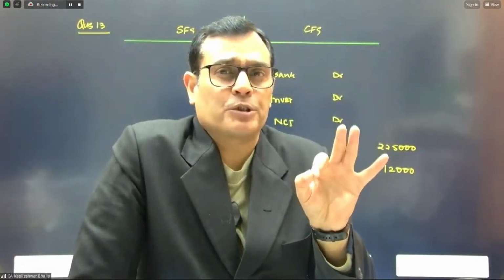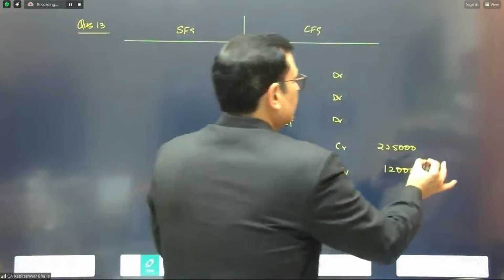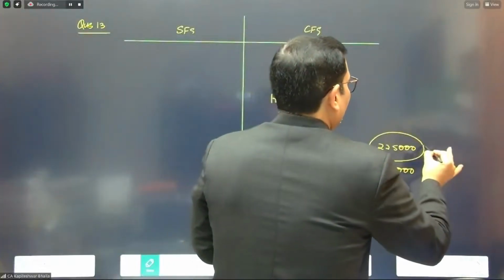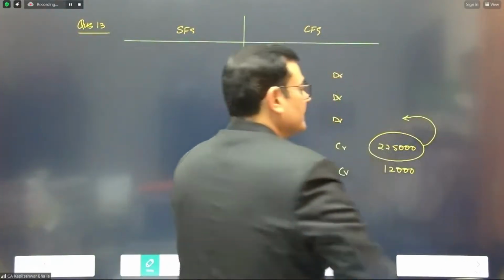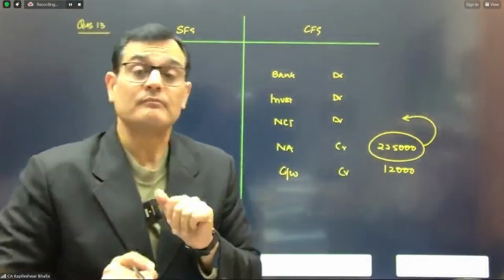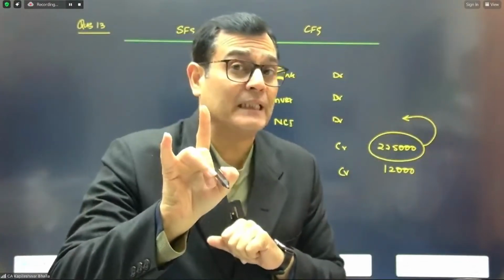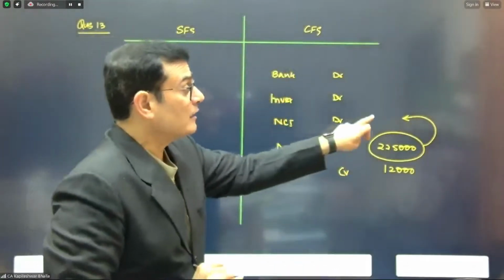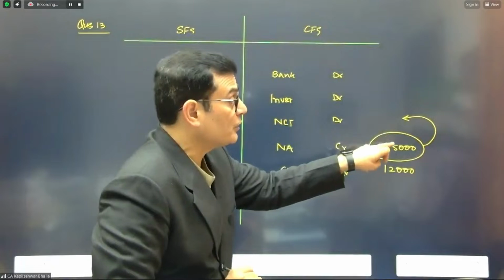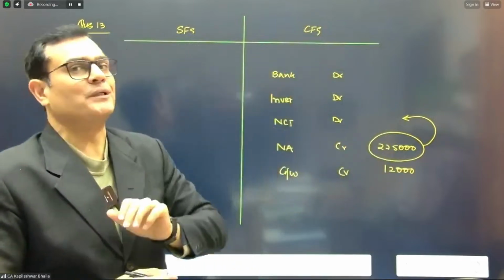We are very clearly given in the question the goodwill was partial, which means NCI was at proportionate share. If the NCI was at proportionate share, can I say the NCI would have been appearing as a percentage of the net assets excluding goodwill? If the NCI would have been at fair value, the NCI would have been appearing at a share of net assets plus the goodwill.